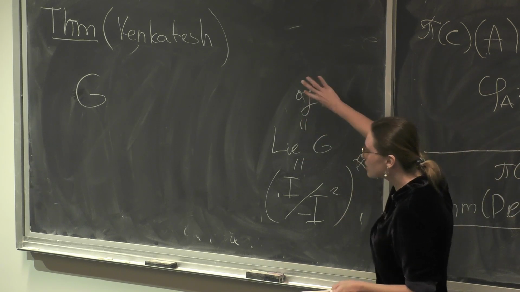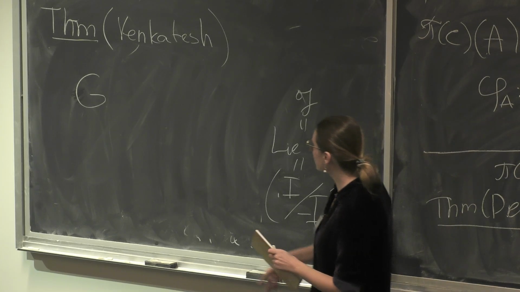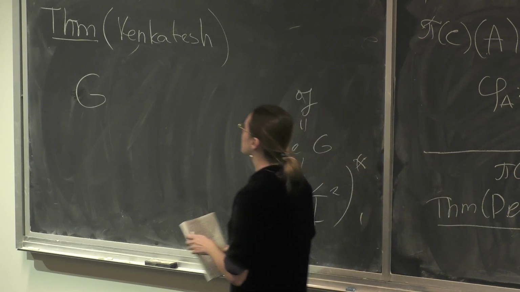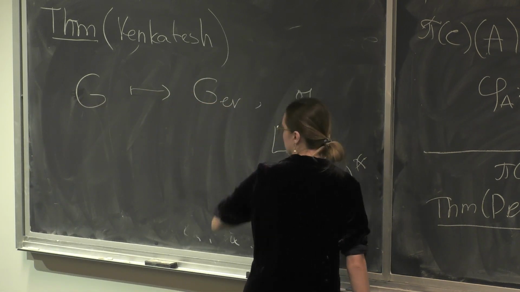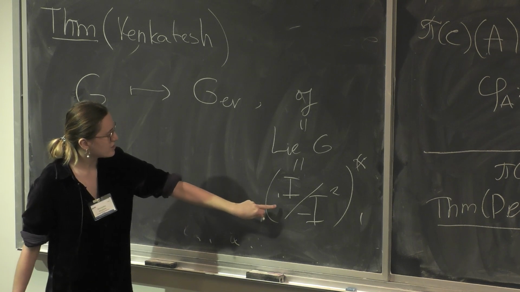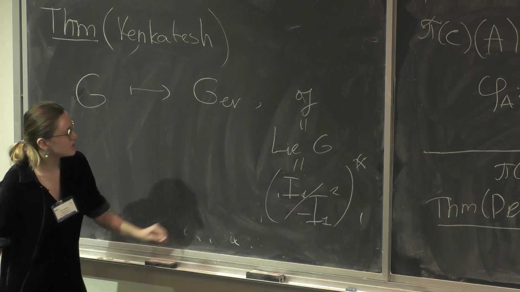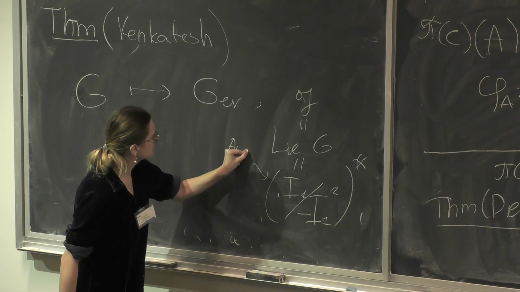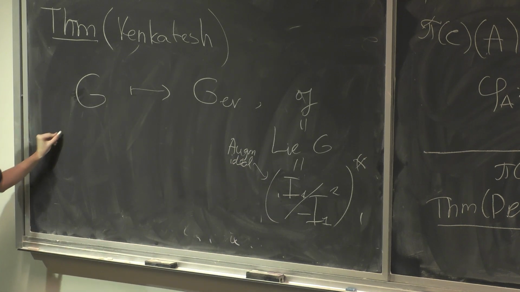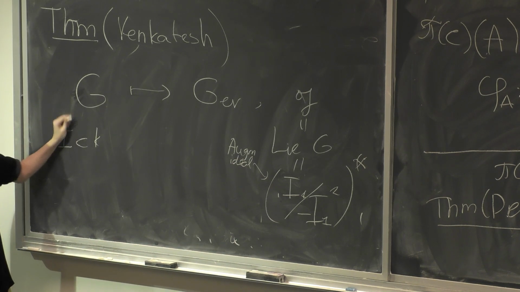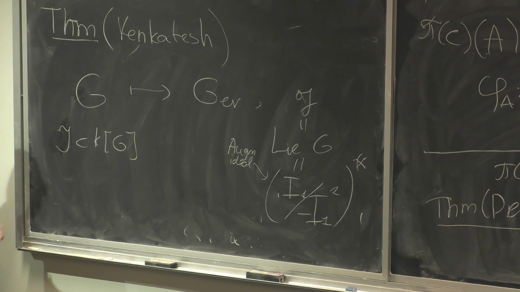And so this is a more easily understandable object. Another thing you can assign to a group scheme G is the so-called even part of G. Let me explain what it is. Let me call the augmentation ideal I1. But you can look at another ideal in K of G, let me call it J, just to distinguish it from the one before.